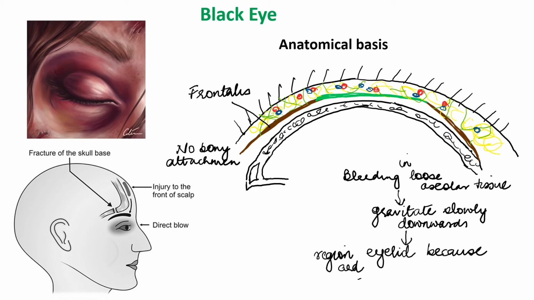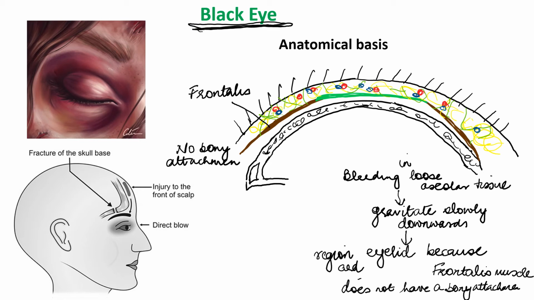The frontalis muscle does not have a bony attachment. And this results in a condition called the black eye. And this was the reason for the black eye which took place in our intern.